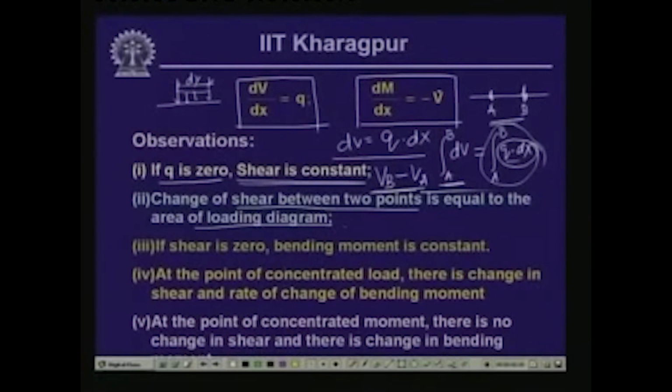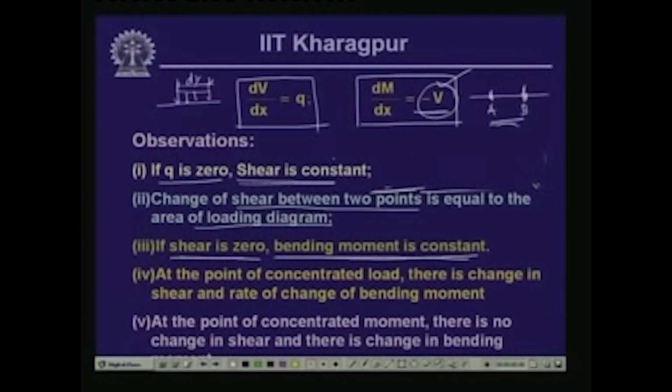Now, from this particular expression, dM/dx equals minus V, if shear force is equal to 0, then bending moment is constant, and this is what we have observed right now. Now, if we would like to calculate the change in bending moment between these 2 points B and A, as we have done for the shear force, then what do we get?